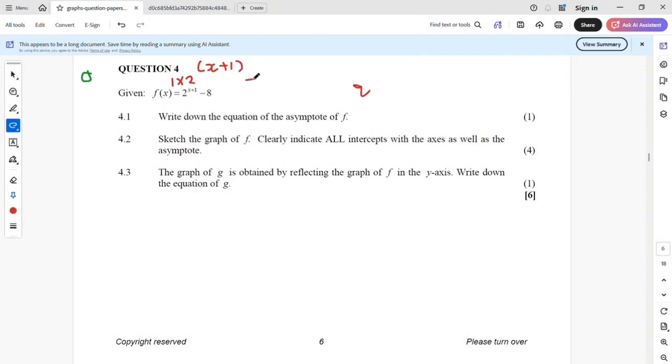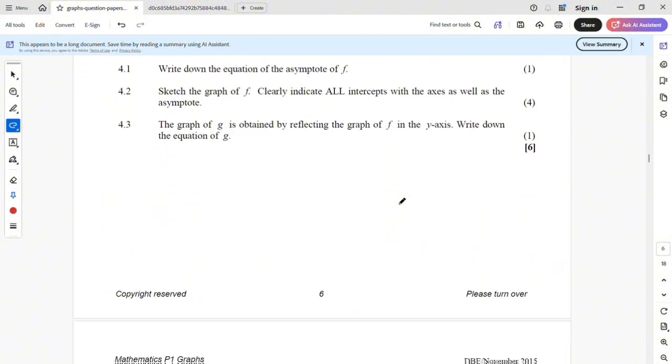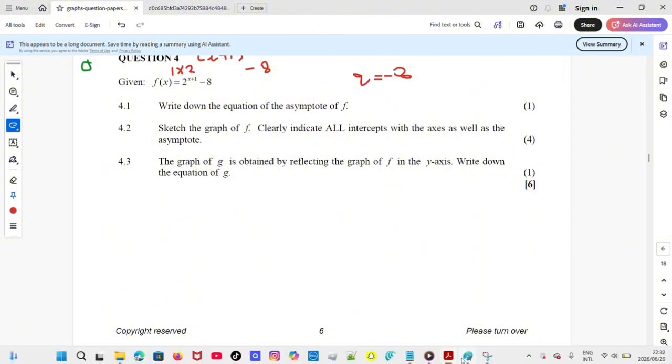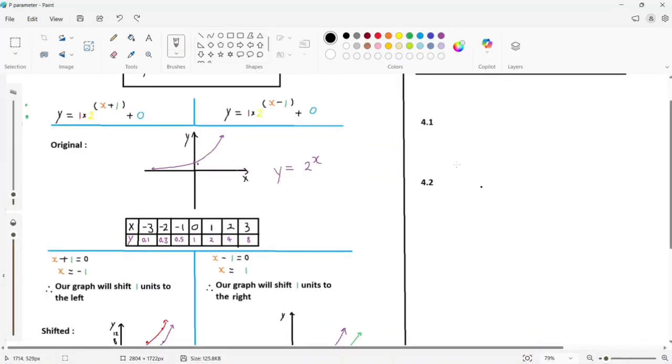Can you guys see? Very nice. So then our asymptote is going to be y is equal to negative 8, okay? But I don't know why I'm writing q is equal to 8. For the equation of the asymptote, you don't say q is equal to negative 8.